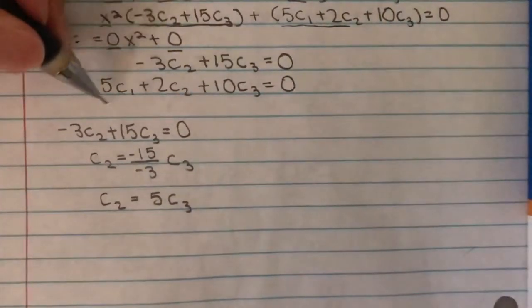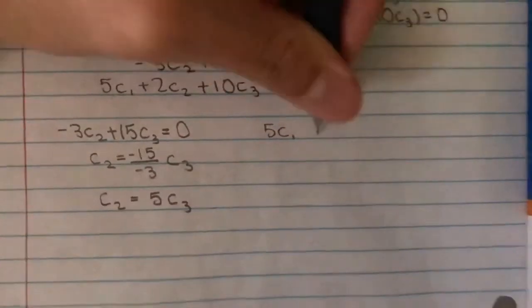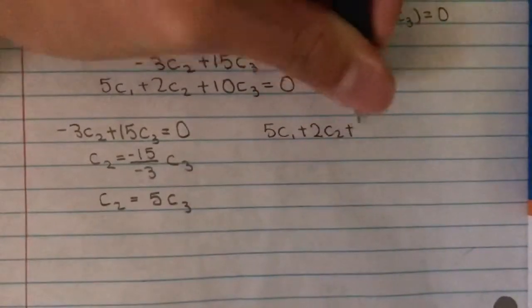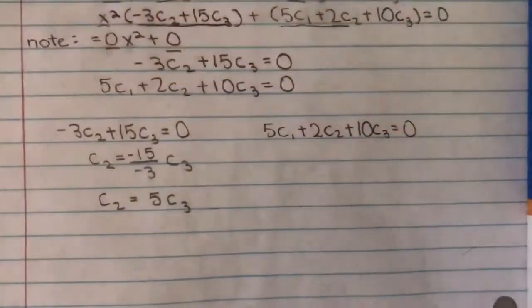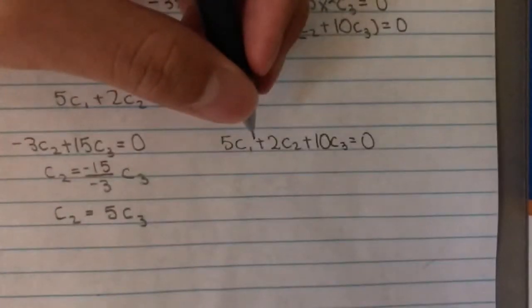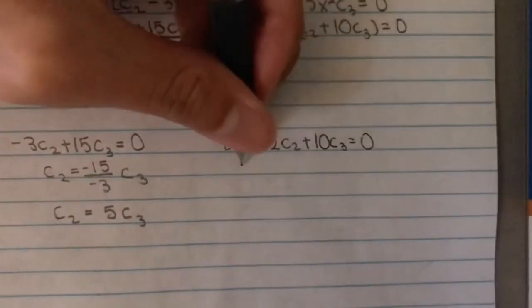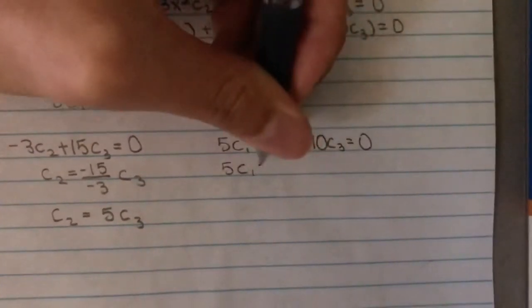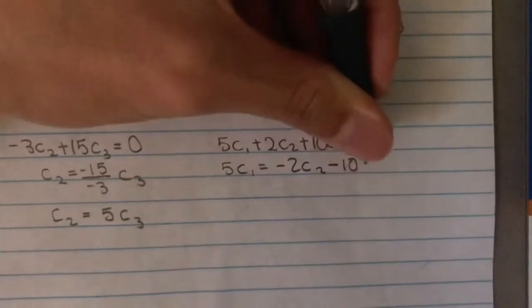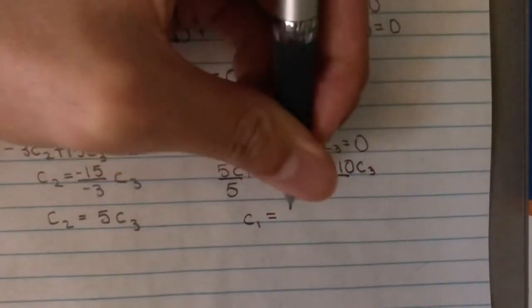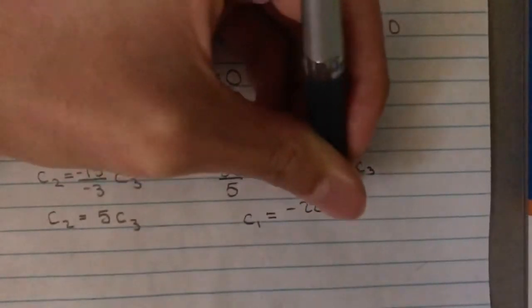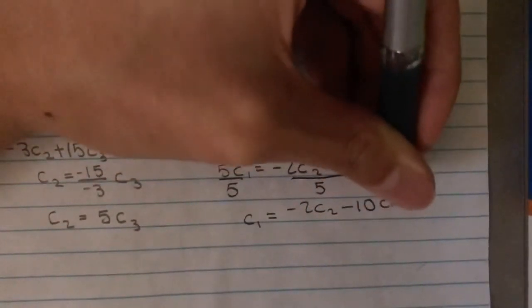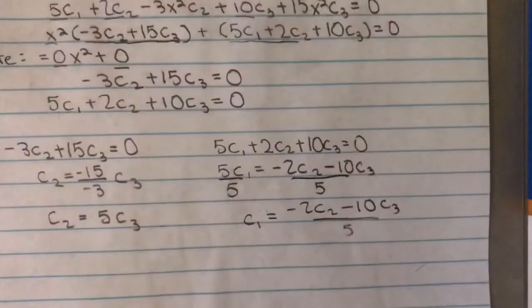Alright, for the other equation, 5c sub 1 plus 2c sub 2 plus 10c sub 3 equal to 0. Let's isolate c1. It's going to be 5c1 is equal to negative 2c2 minus 10c3, so c sub 1 is equal to (negative 2c2 minus 10 c sub 3) divided by 5.